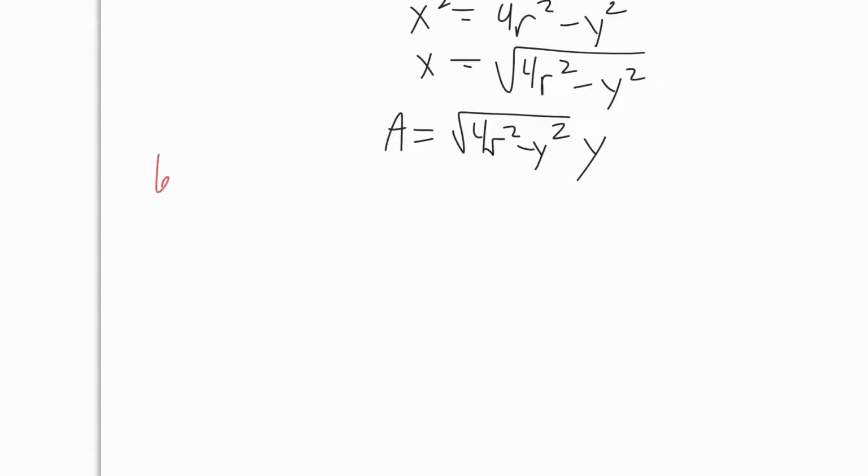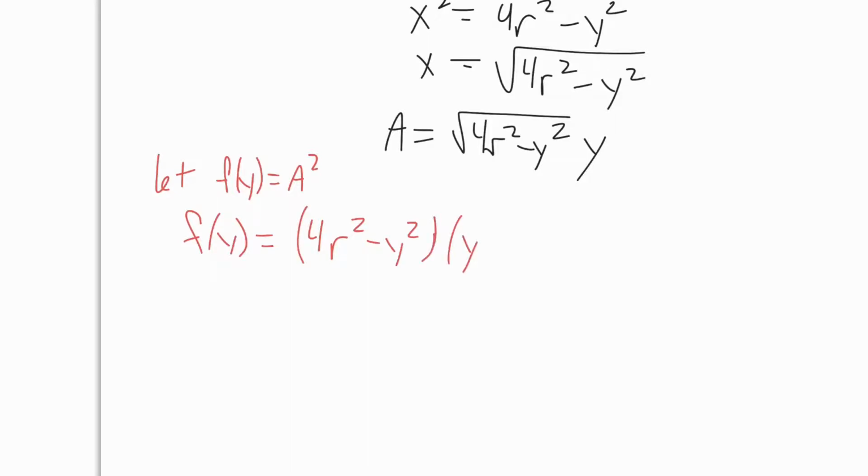So I'm going to let f of y, I guess in this case, f of y equal to A squared. And so I'd have f of y as 4r squared minus y squared times, well, when I square the other part, of course, I have to square the y.